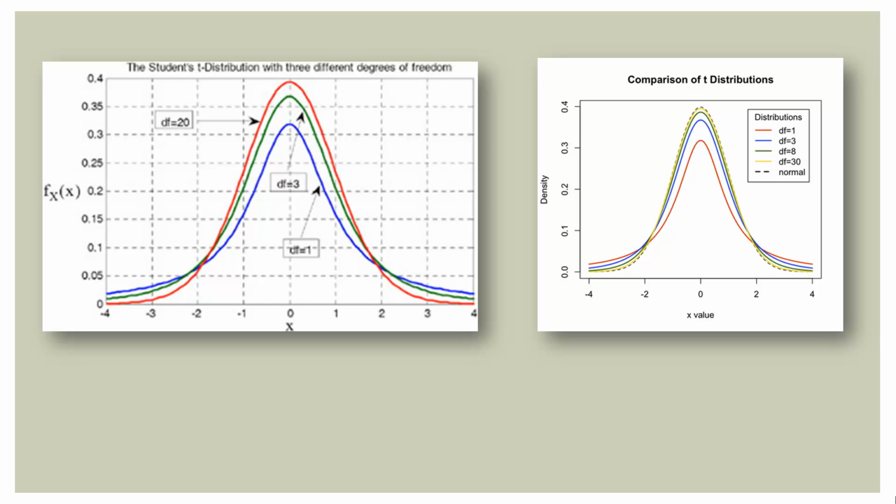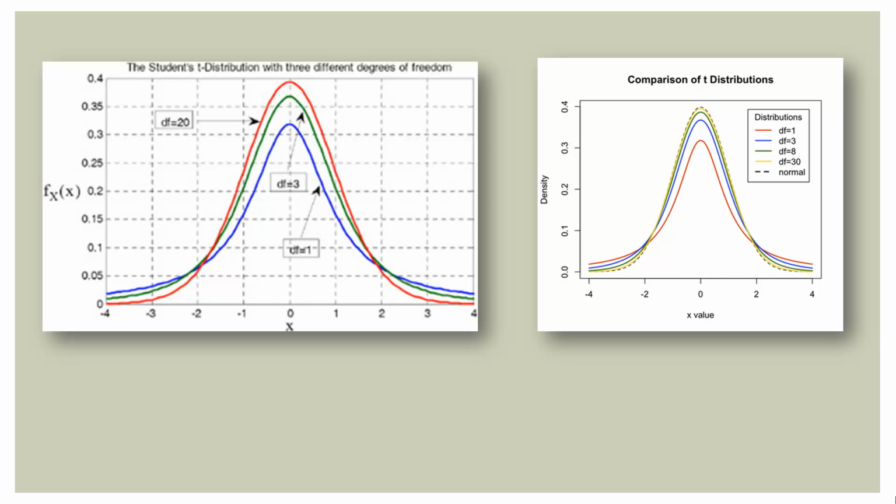Now we go up to the blue, to the degrees of freedom of 3. So now it becomes taller in the middle and the tails come down. Now we move to the green. The middle goes up even further. The tails come down even more. So what's happening? Our sample size is getting larger. Now let's look at the degrees of freedom of 30. That is the yellow line.